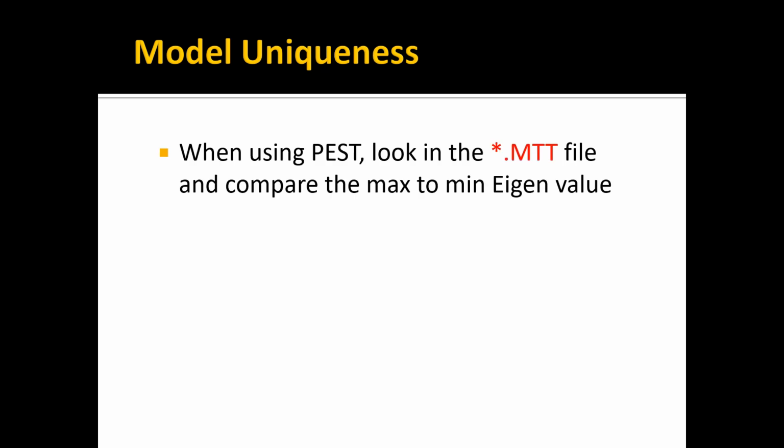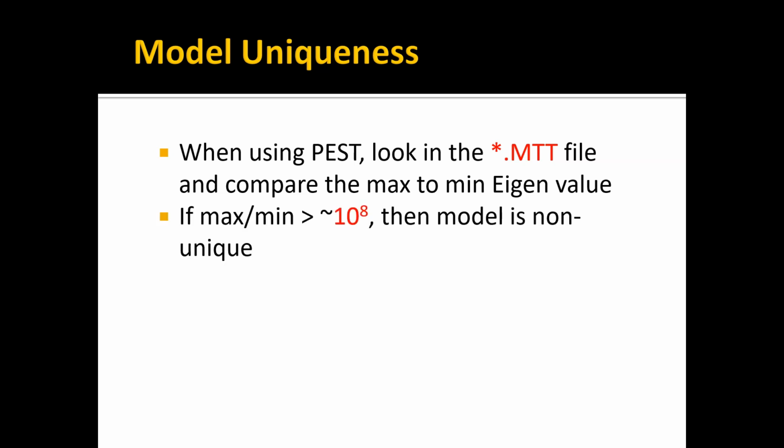After running PEST, if you look in the folder where the MODFLOW files and the PEST files are stored, and by the way, all the PEST files are included in the same subfolder with your MODFLOW files, there's a file that ends in .mtt. So whatever your simulation name is, .mtt, and if you look in that, it has a set of eigenvalues listed at the bottom.